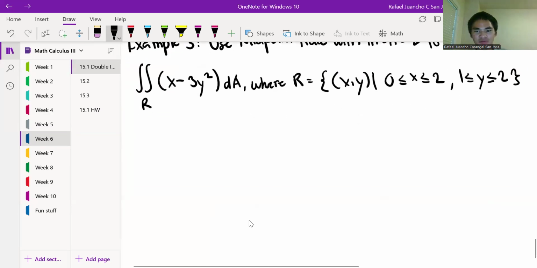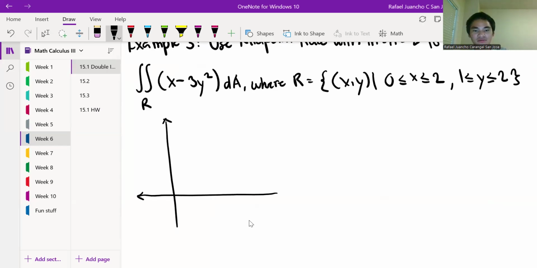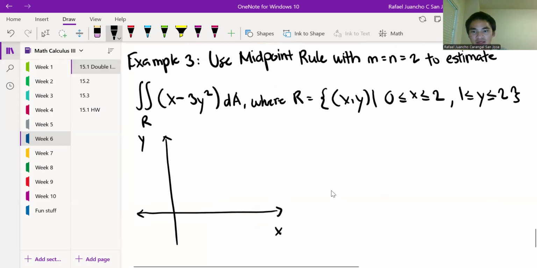So how do we go about a problem like this? Well, first of all, I would probably draw it in this case. If we want to use the midpoint rule, we evaluate our function at the centers of the 4 subrectangles. So I would actually just draw this. So here my x starts from 0 all the way to 2. My y starts from 1 all the way to 2.